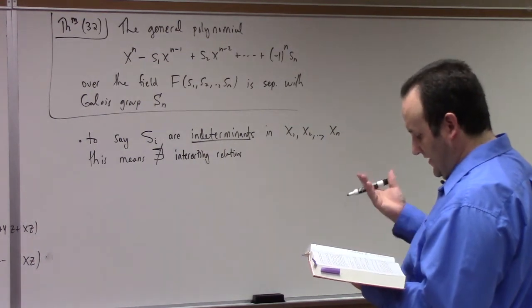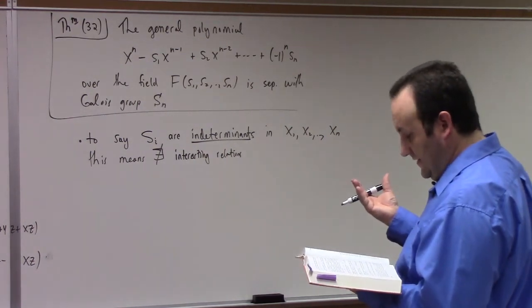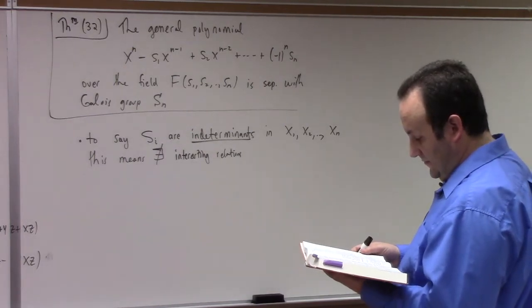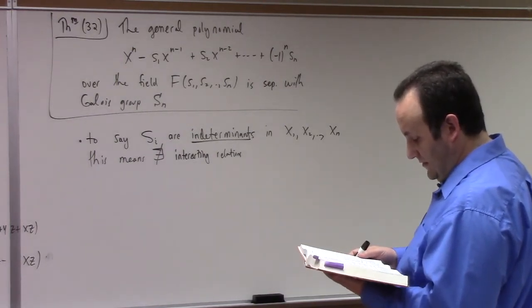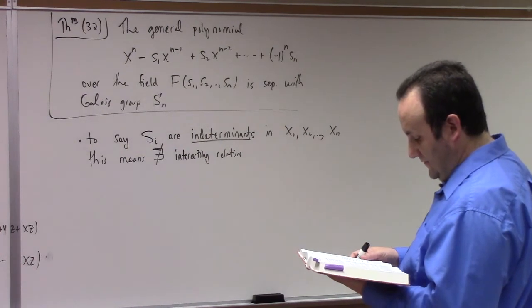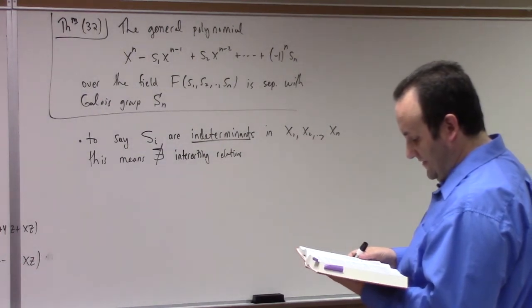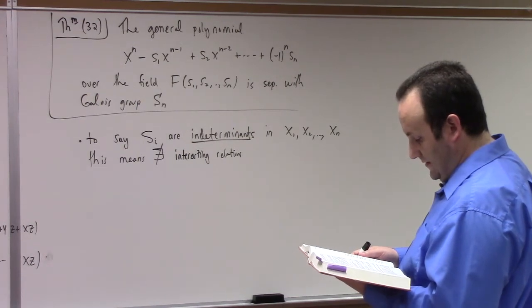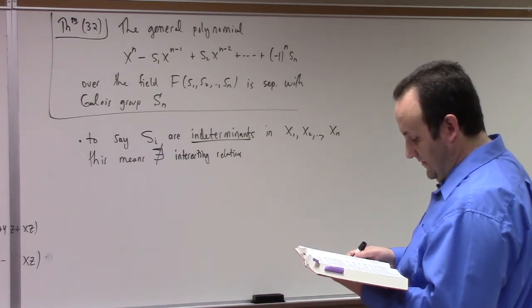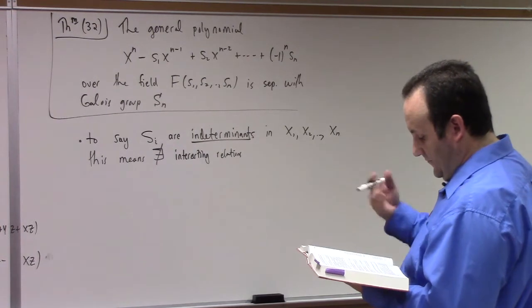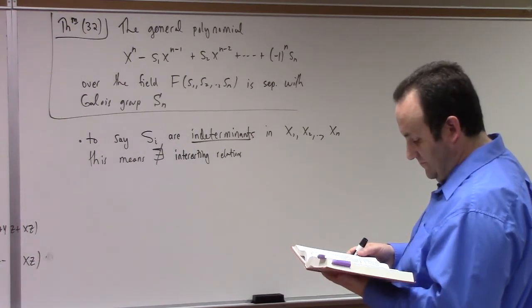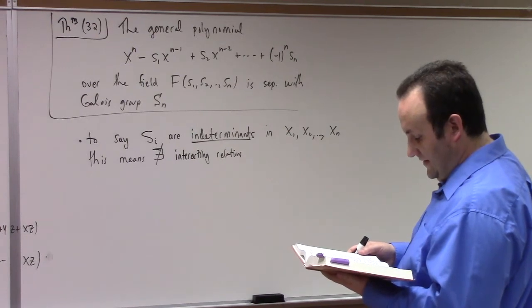I mean, maybe this is helpful. This is not always possible, he says. He says that what we're doing right now essentially makes sense over the rationals, but it doesn't quite make sense over a finite field, because we have proved previously, or skipped over previously, that finite fields have a cyclic Galois group.